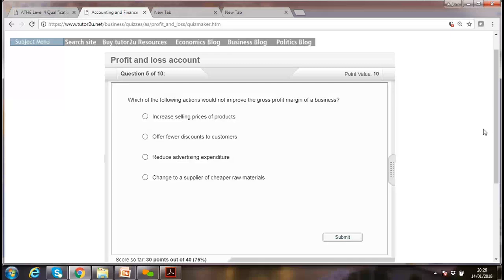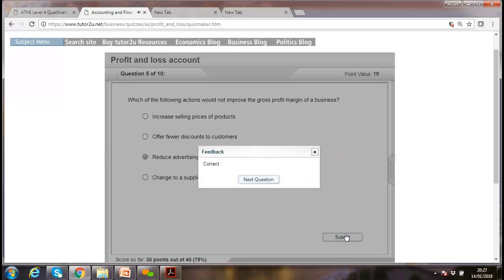One of them will not improve, which is the overhead expense. Which one is our overhead expense? We just said. A, B, C, D. You want me to try C? Yes? Okay. It's correct. Yes?